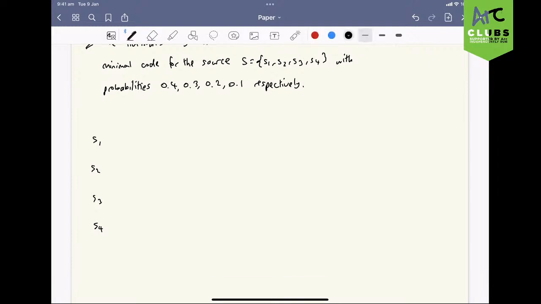And we just draw the probabilities of them: 0.4, 0.3, 0.2, 0.1. The next step is to combine the bottom two symbols, the least frequent two symbols, and add up their probabilities. So we have these two over here. We want to combine them, and if we add up the probabilities, we get 0.3.